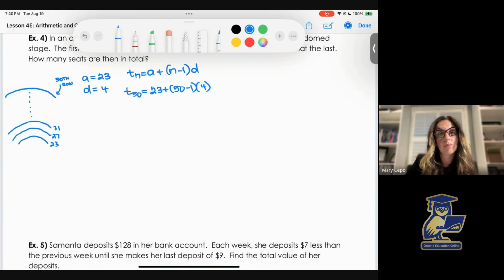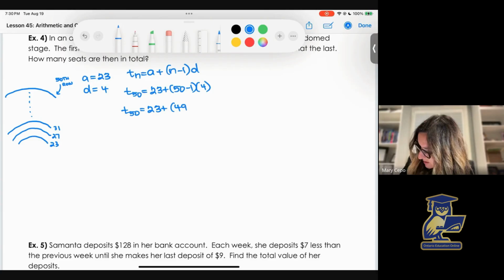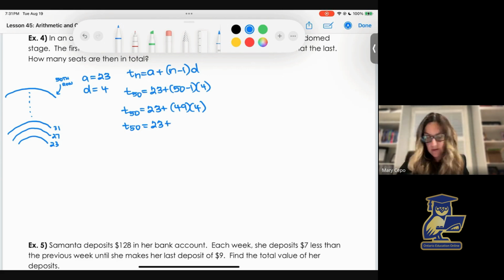So t sub 50 is equal to 23 plus 49 times 4. 49 times 4 is 196, so t sub 50 is going to be 219.